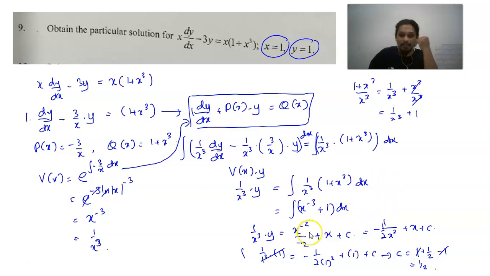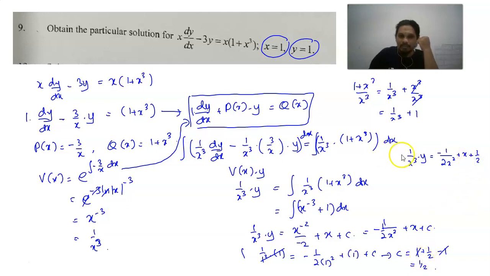Now, 1 over x cubed times y equals negative 1 over 2 x squared plus x, and c is 1 over 2.